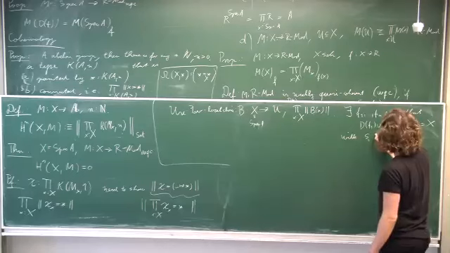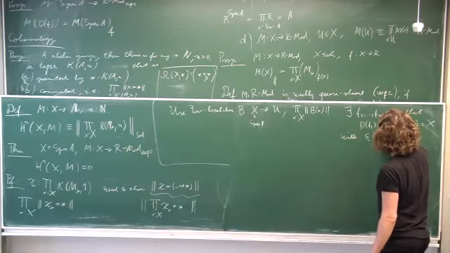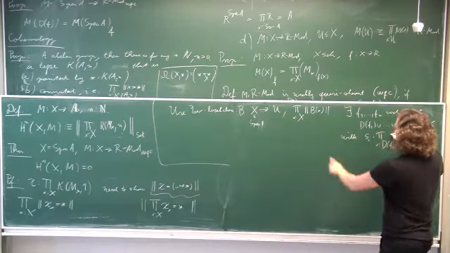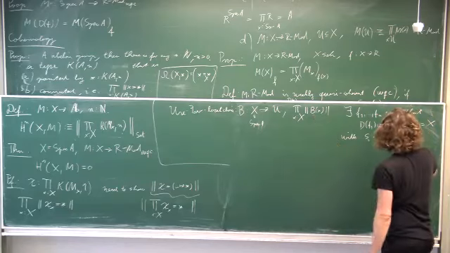So on each D(f_i), I get an actual thing in here.